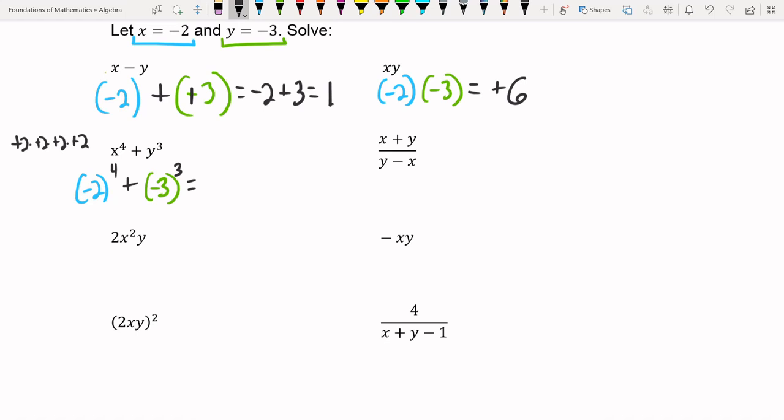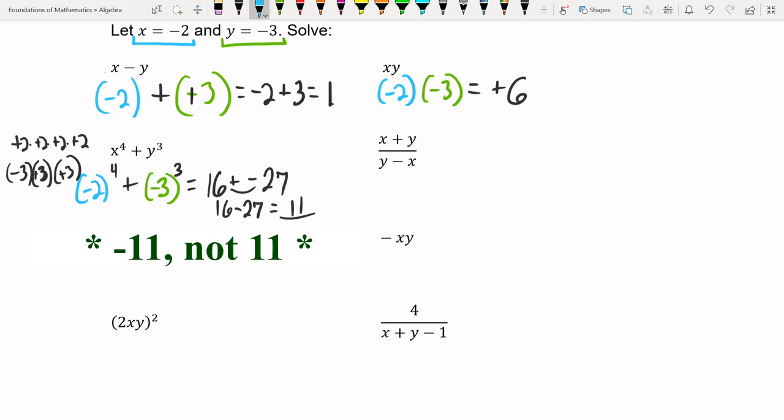We just have 2 times 2 times 2 times 2, which is 16. -3 times -3 times -3. 2 negatives cancel, meaning our answer is going to be negative. And we have 3 times 3 times 3, which is 27. Plus a minus becomes a minus. And 16 minus 27 is 11.